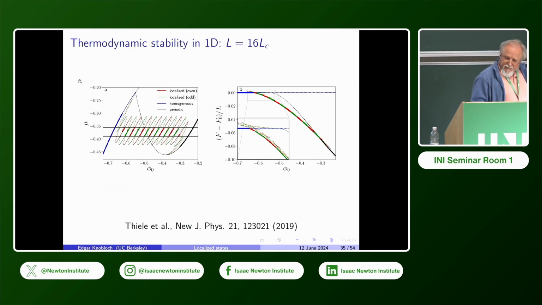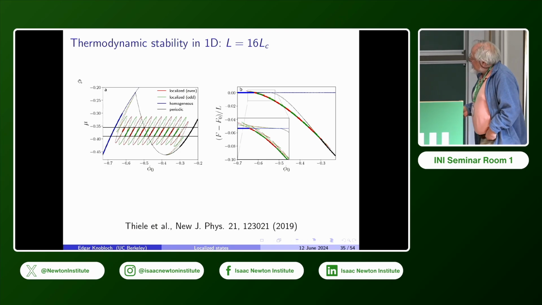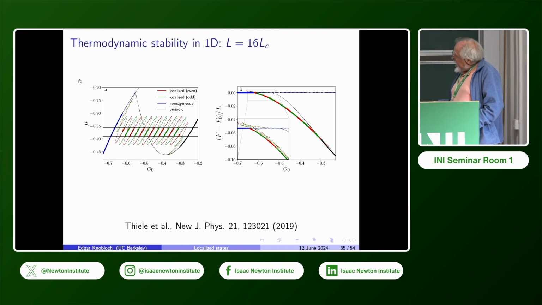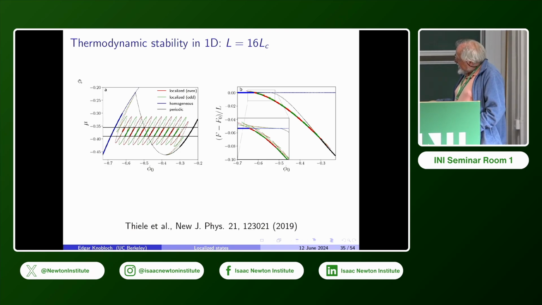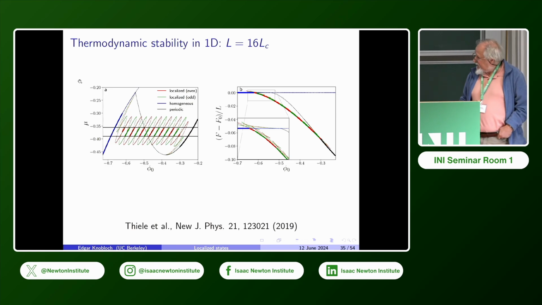So let's talk about what I'm calling here thermodynamic stability. What we're plotting here are the bifurcation diagrams that you've already seen. So here is the mass in the system. Here is the chemical potential on the vertical axis. And I'm indicating here in solid line the global minima of the free energy for different values of phi naught.